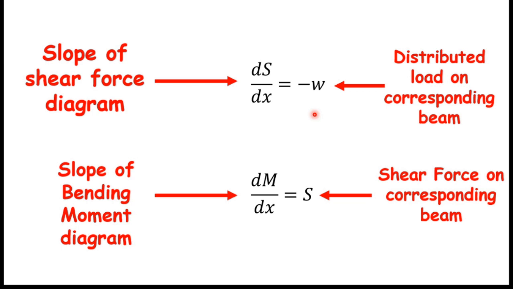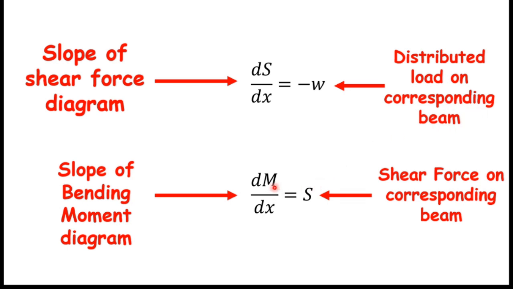Before we start our calculation, we have to know what are the meanings of these notations. So first, ds over dx means slope of shear force diagram, and ds over dx equals minus w. This w means distributed load on corresponding beam.